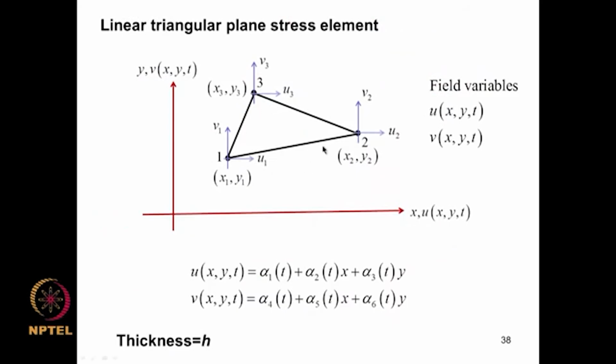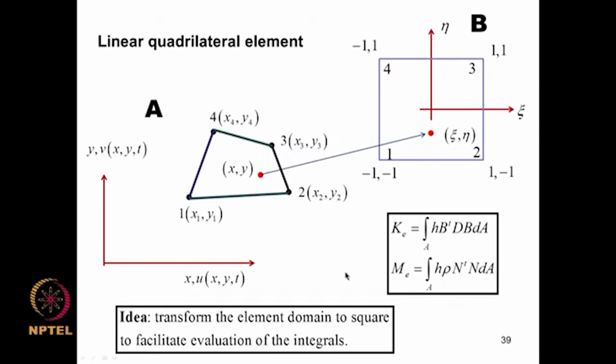We developed a linear triangular plane stress element and we generalized it to a linear quadrilateral element, and that led to the notion of isoparametric formulation, which basically was necessitated by a new requirement to integrate these integrals that appear in the formulation of element stiffness and mass matrices.